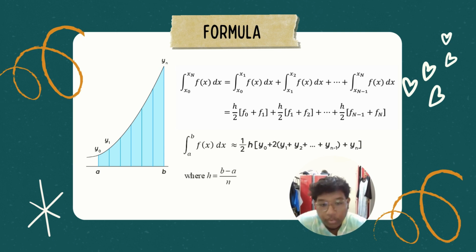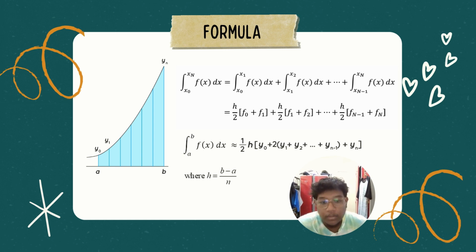When you simplify it, it becomes h over 2 (f0 plus f1), plus h over 2 (f1 plus f2), until h over 2 (f(n minus 1) plus fn).